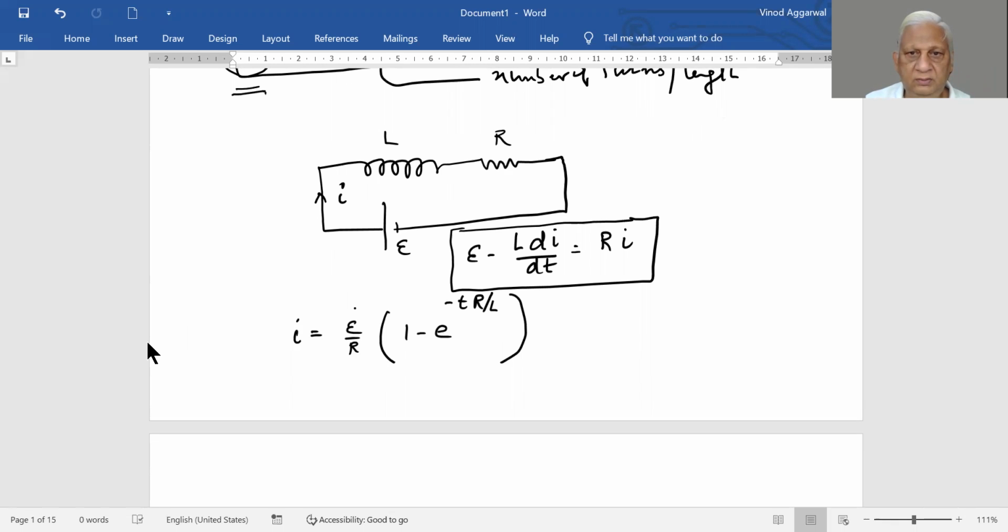If you plot this graph against time, the rate is very high at first, and then finally it becomes asymptotic, and the asymptotic value is E by R. So this is an exponential rise, and then it levels off.